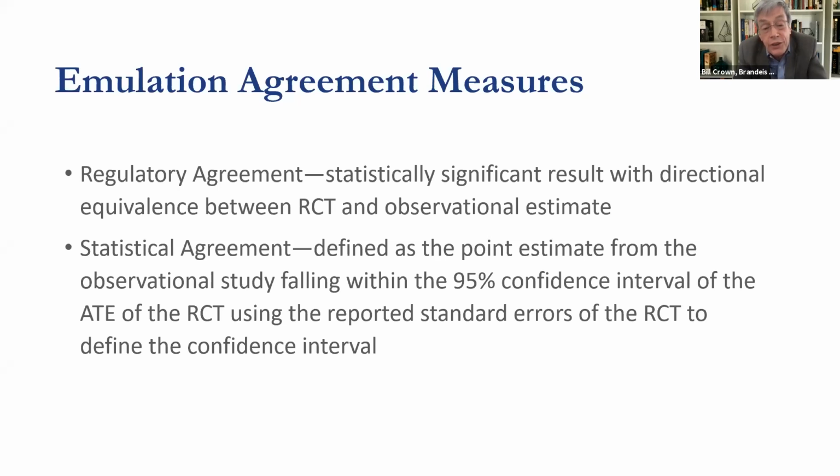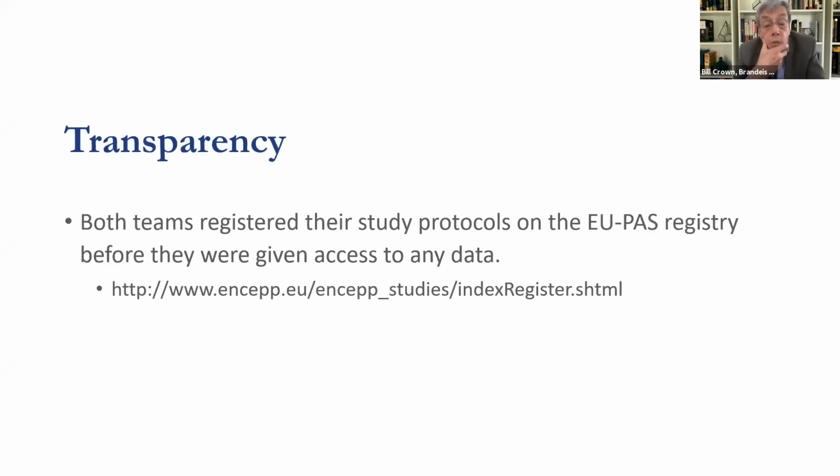Like RCT Duplicate, we had two of the three measures for agreement measures. We used the regulatory agreement measure, and we used the statistical agreement measure. Also, like the RCT Duplicate, both research teams pre-published their research protocols on the EU PASS registry before they were given any access to the data.